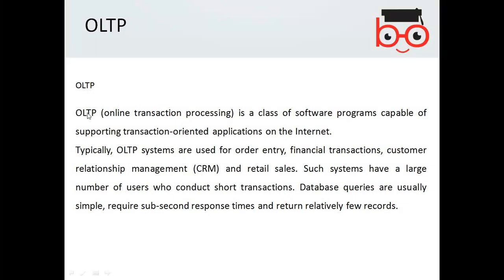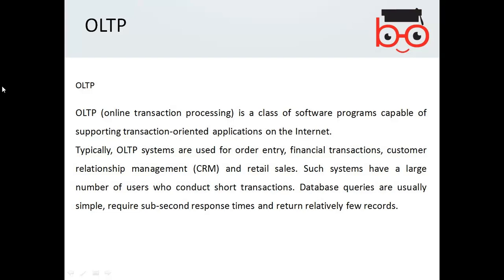Next is OLTP, online transaction processing, a class of software programs capable of supporting transaction-oriented applications on the internet. Typically, OLTP systems are used for order entry, financial transactions, customer relationship management, and retail sales.